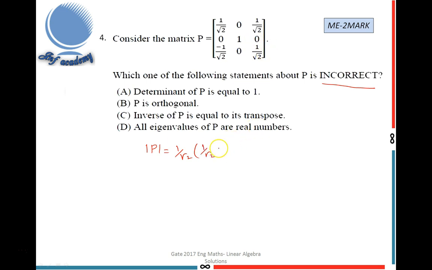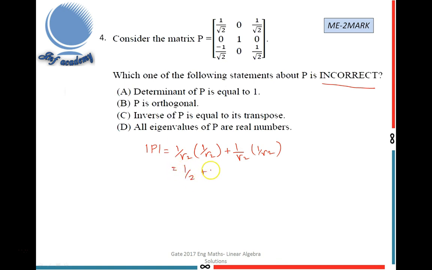These two are 0, so leave it, and this element is 0, so leave that term. The last element is 1 by root 2 into, delete this row and this column, so we get 0 multiplying these two elements, and these two elements minus 1 by root 2, but here put minus 1, 1 minus also, so finally I got 1 by root 2.